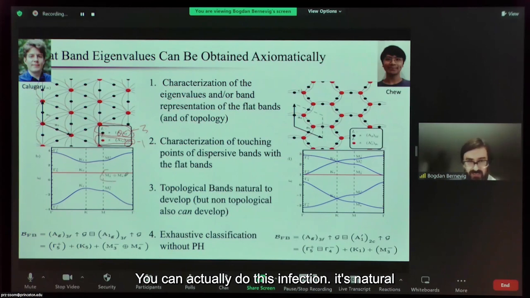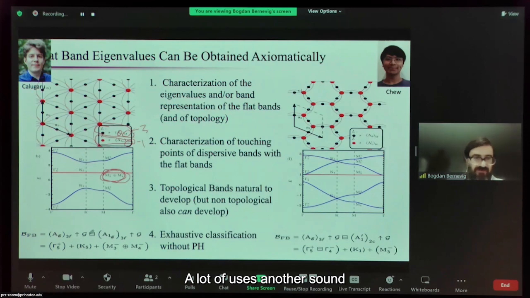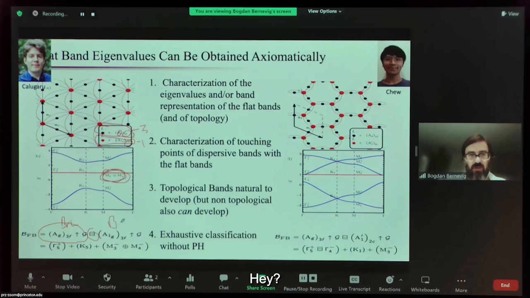And you can see that there are two here because, for example, here I have an M3 plus M4 representation. And then by going to the Bilbao crystallographic server, you can find this representation induction, which is the band representation of the L. Then you subtract from it the band representation of the L tilde, which is this.